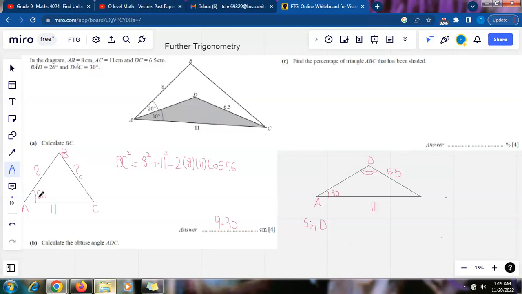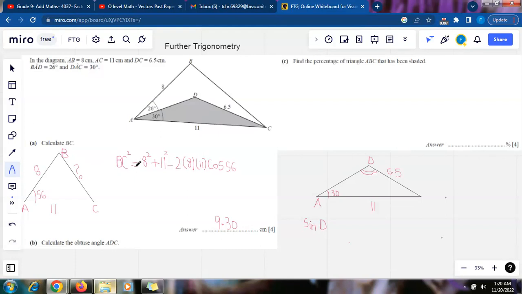And I know the pattern to write the formula, so I am starting with the pattern. The pattern says that whenever you have to find the length of a side, you will start off with the name of that side. So since I have to find BC, I will start off with BC. This is BC, and I have to put a square on it because it is cosine rule.